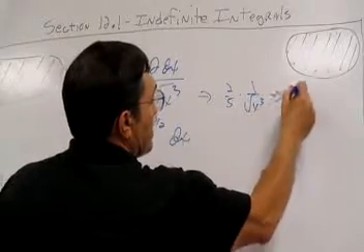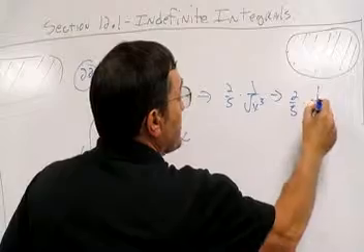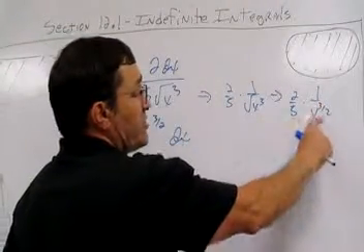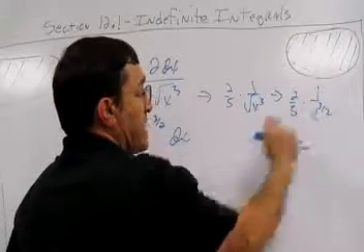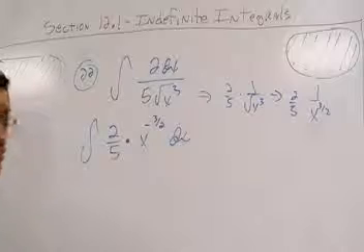The square root of x cubed would be the same thing as x to the 3/2 power. And then finally write that with a negative exponent.